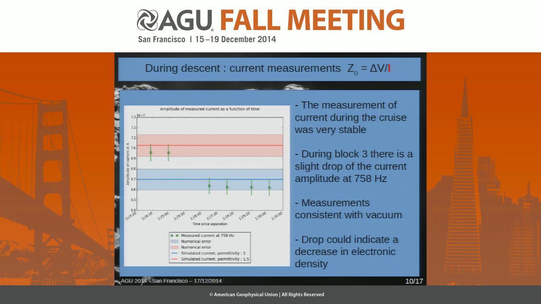The first thing we can see is that we're quite consistent with a vacuum or very near vacuum environment. Another interesting thing is that we have a drop of current from these 2 points to these 4 points. This could indicate a decrease in the electronic density at this point. This is a preliminary interpretation, and the work is still ongoing on this.